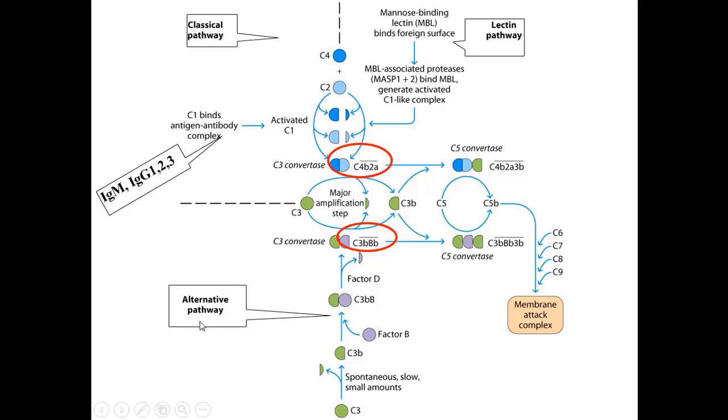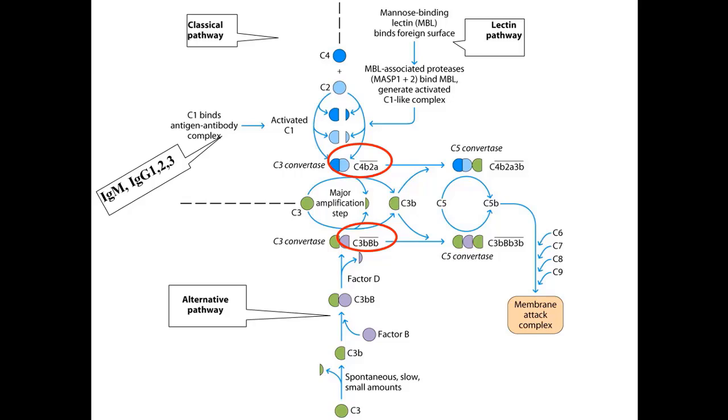As you see here, the three pathways, classical pathway, lectin pathway, and alternative pathway, are different in the early part of activation, and they are the same in the final part of the activation. Then we can divide these three pathways into two phases, the early phase and the final phase.